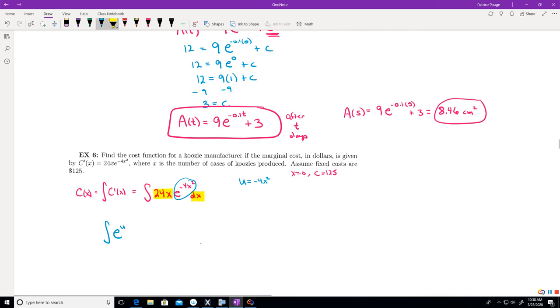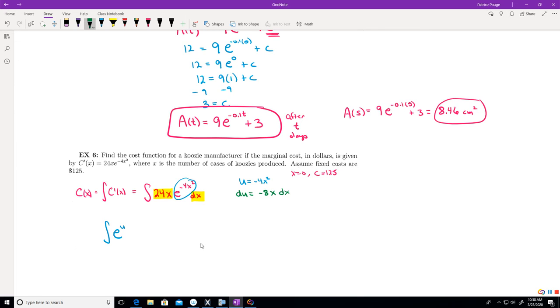So taking the derivative of both sides, derivative of u is 1 du equals negative 8x dx. So I have negative 8x dx. What I want is 24x dx. Can we make negative 8 into 24?